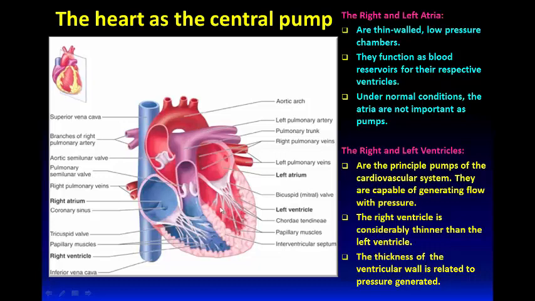The pressure generated by the left ventricle is 6 to 7 times higher than the pressure generated by the right ventricle. However, it is important to note that the flow which the left ventricle generates into the aorta in a minute is equivalent to the flow which the right ventricle generates into the pulmonary trunk.